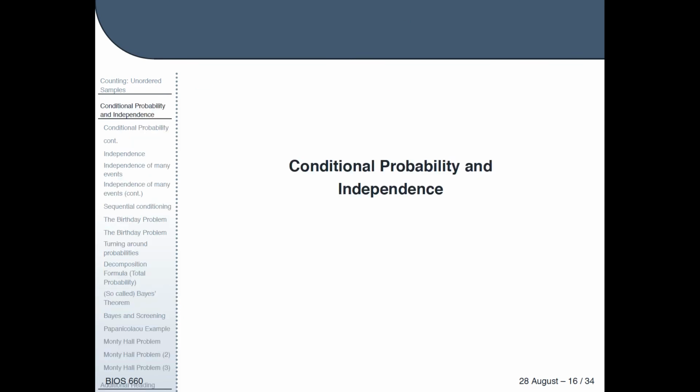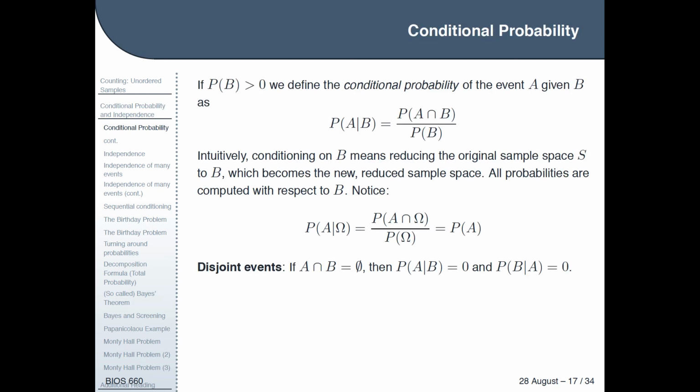Alright, now we will switch gears to conditional probability and independence. This is, I think, chapter 1.3 in Casella and Berger for anyone who's following along there. Again, if you've had a probability class, you're probably familiar with the basic idea behind this.